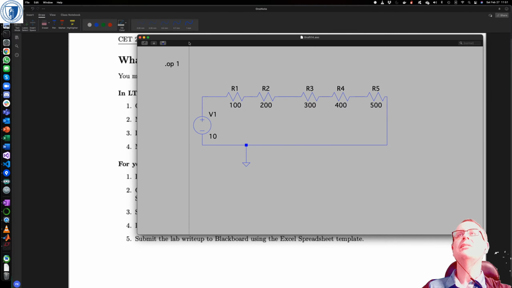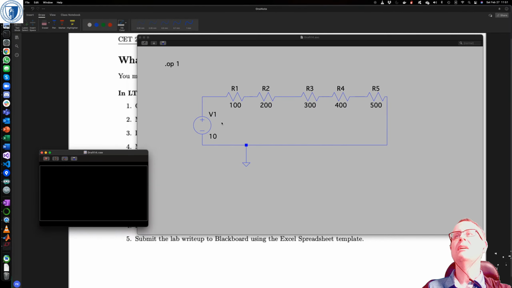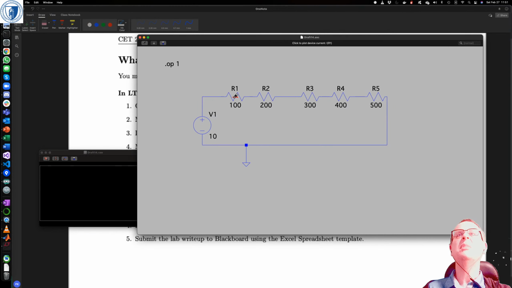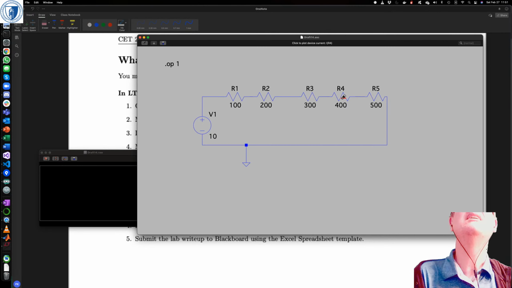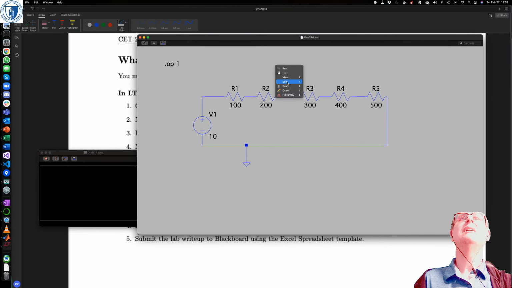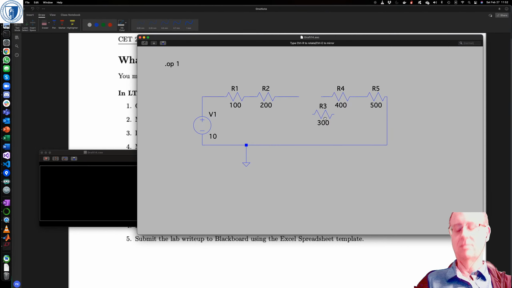Okay, so now let's run that again and check to see what's happening. I've got my current flowing in. Oops, that one's gone the wrong way. I got R3 wrong. Let's try that again. Now it's going in the right direction.